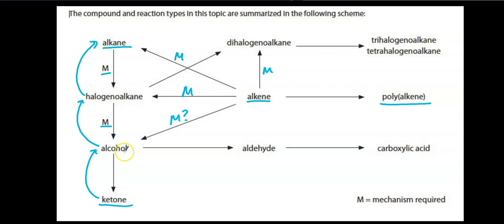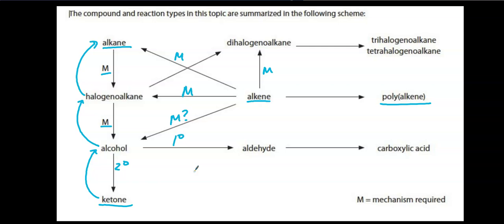Back to alcohol to aldehyde. How do you turn an alcohol into an aldehyde? Of course, this would be a primary alcohol. So going this way would be secondary alcohol. This would be primary alcohol. So primary alcohol to aldehyde, this is oxidation using potassium dichromate. The alcohol to aldehyde, this can be accomplished using distillation.